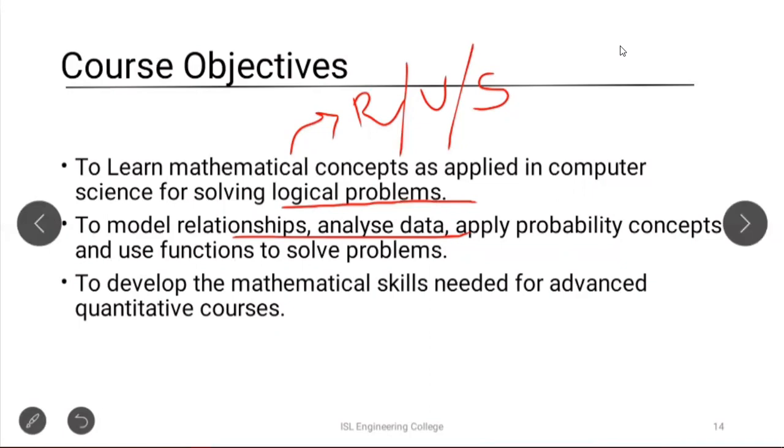Apart from that, we also use probability concepts to solve our problems. So what is the probability that a certain solution is the efficient solution? Those kinds of things. Next is to develop mathematical skills. Certain problems in mathematical sciences, which we'll study later in the next semester or so, require higher mathematical skills, and those are advanced mathematical skills. So we'll study a few basics of that. These are our objectives.